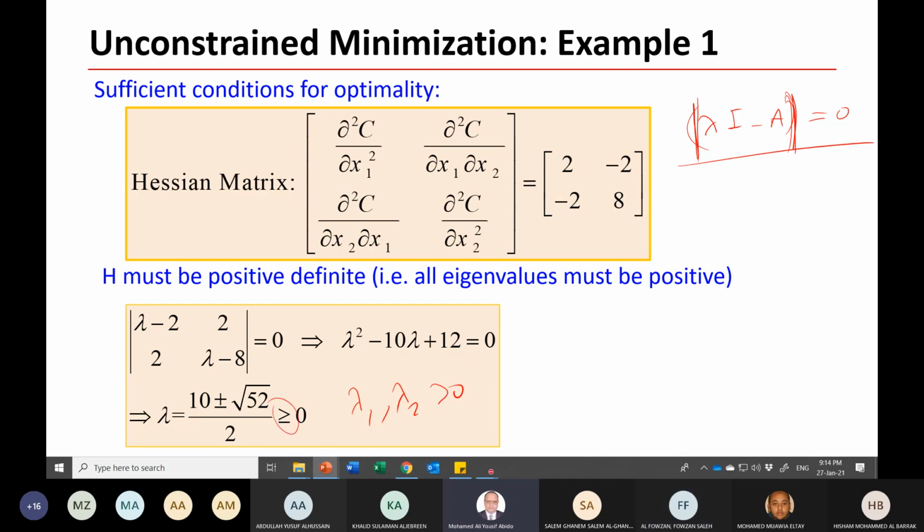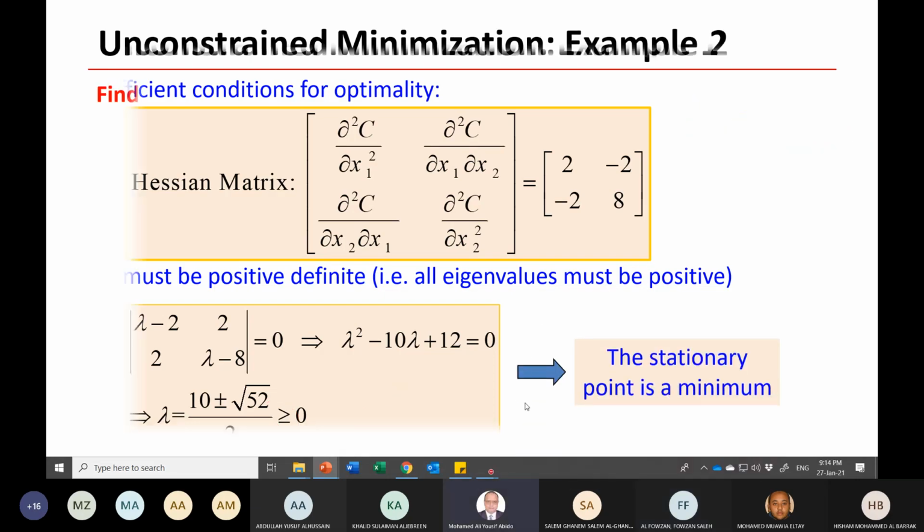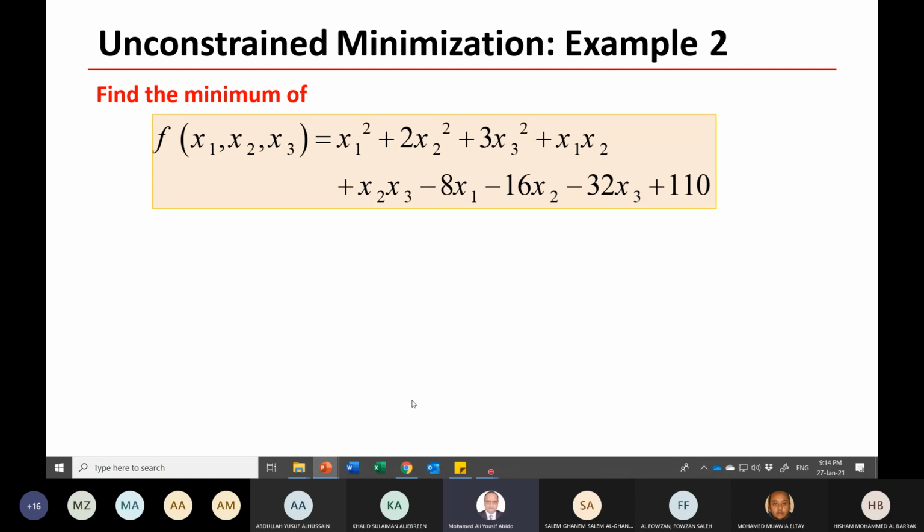The definition of local minima is lambdas greater than or equal in general. If they are greater than 0, that's fine, no problem. In this case, yes, this is strictly positive, definitely. Then all lambdas are greater than 0. So the stationary point is a minimum point.